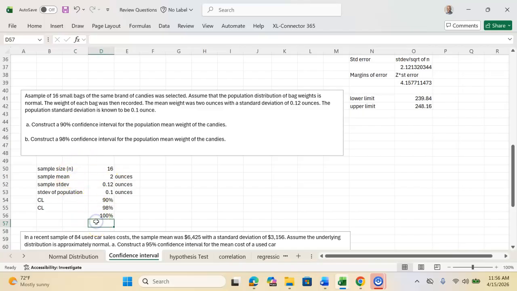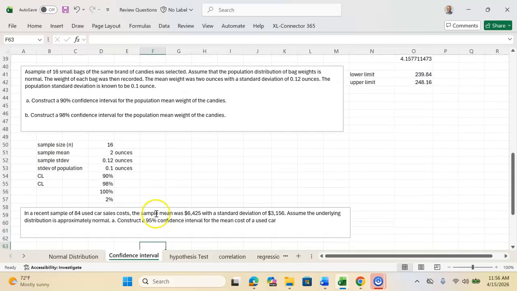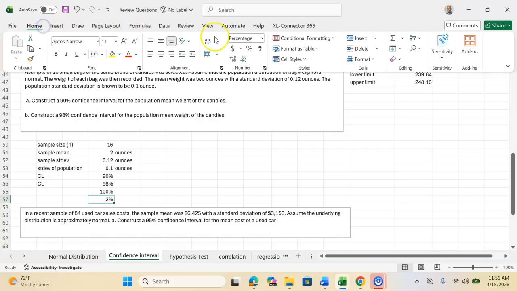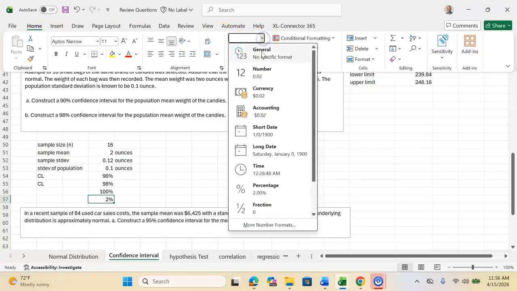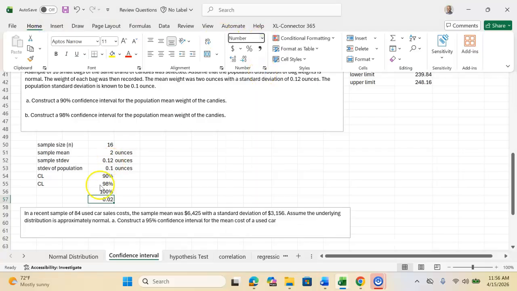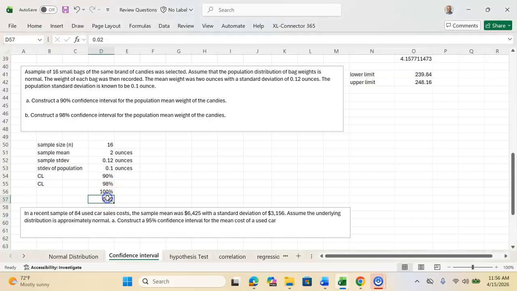We need 2 in our calculation, but this is not the percentage, so I will change it from percentage to just number. So it is 2. So once we have this information, we can actually find the z value.